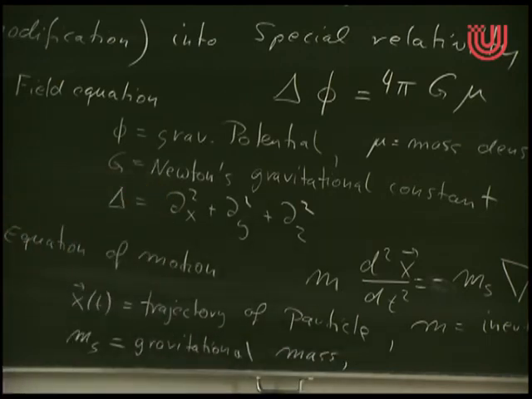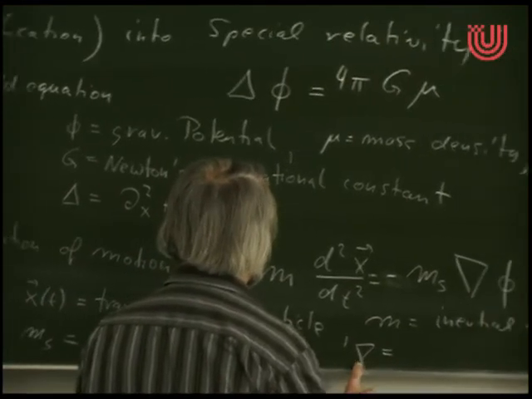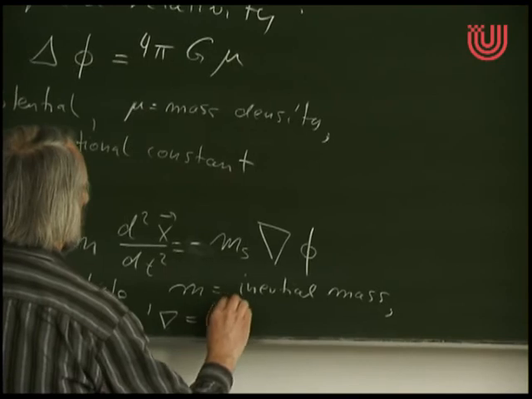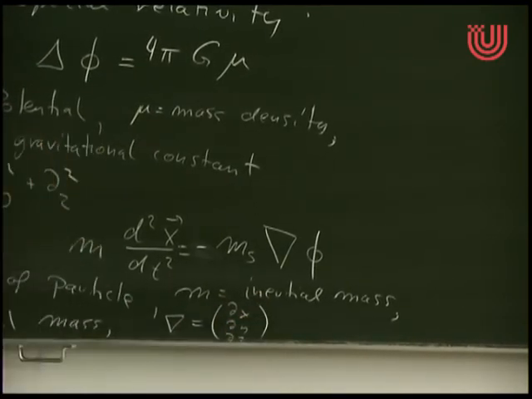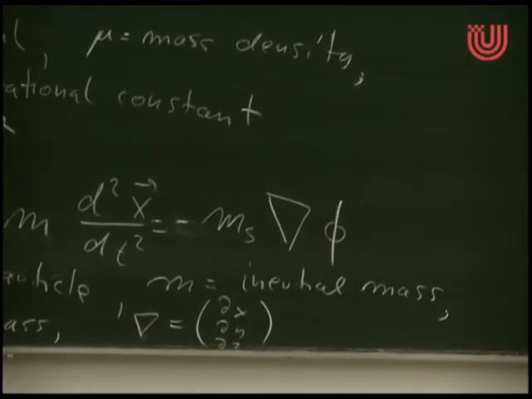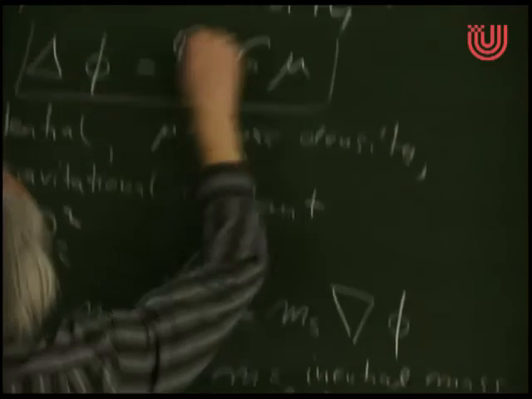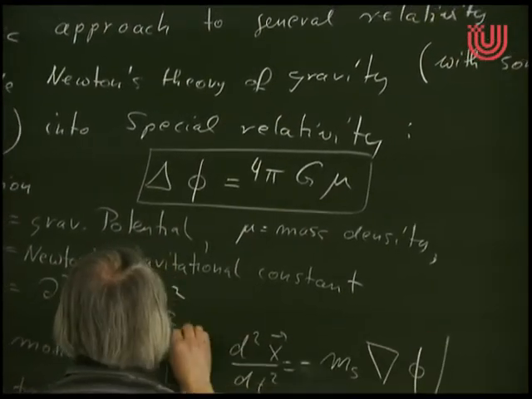And what else do we have? Del is, of course, the del operator. It's dx, dy, dz. So these are the two equations. Now let's look at these two equations. Do they fit into special relativity?